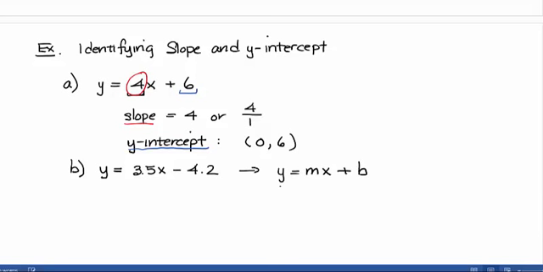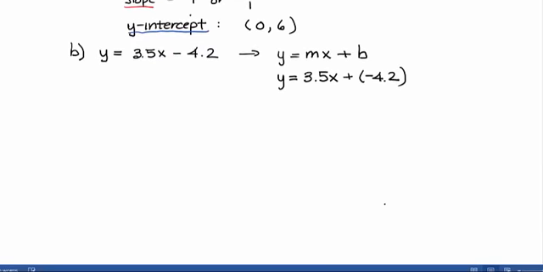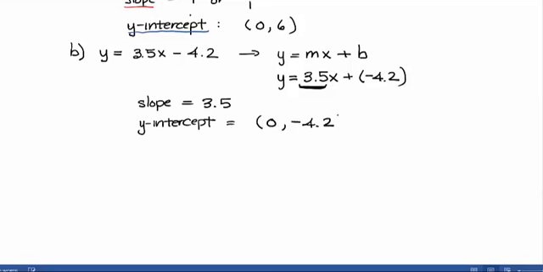So you could think of this as y equals 3.5x plus negative 4.2. In which case, if we identify our slope, that's simply 3.5. It's the number that's with my x. It does not include the x. And my y-intercept is 0, negative 4.2.